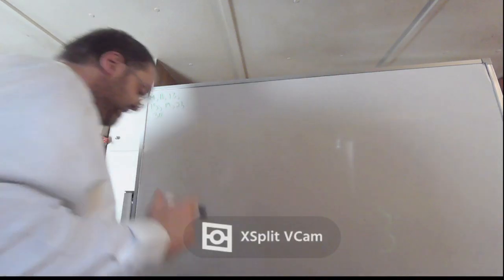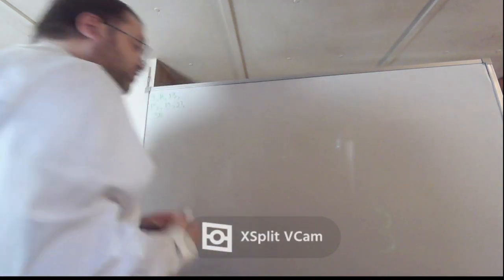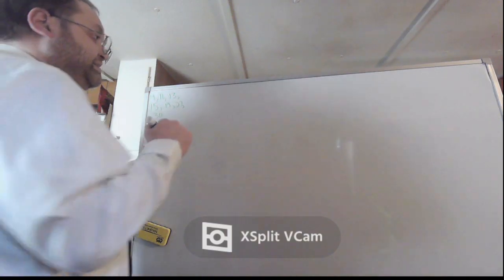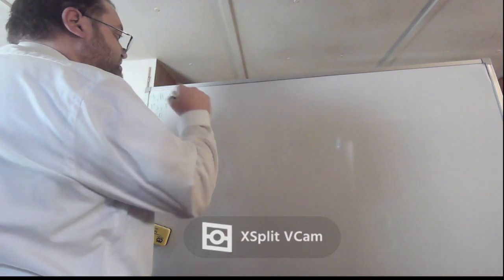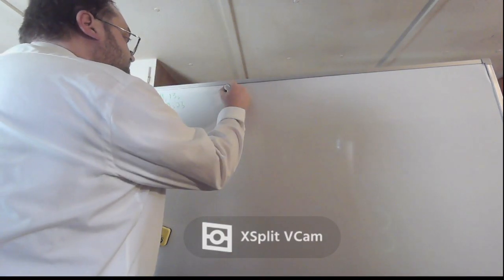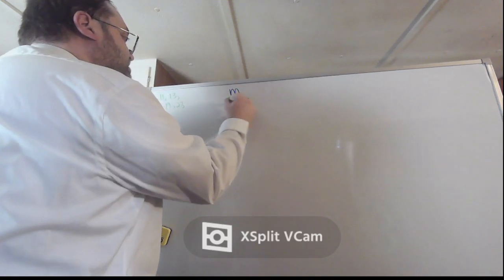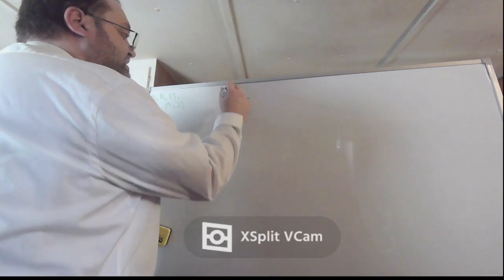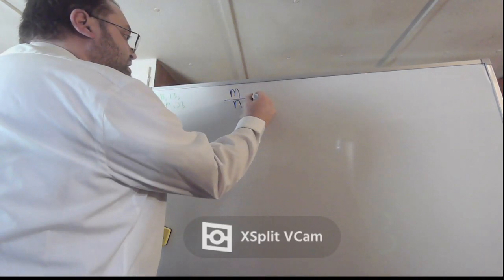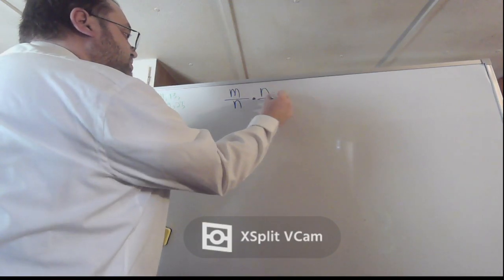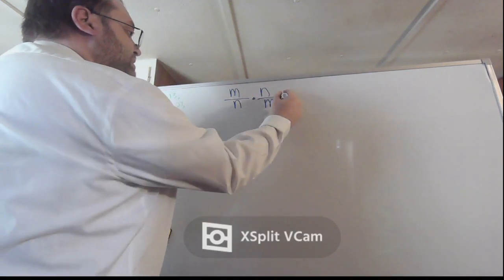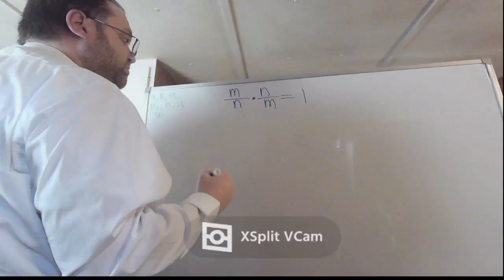Also, a quick formula that's going to make your life a lot easier when doing fractions. If you have a fraction, any arbitrary numbers, say m and n, and you multiply by the reciprocal, the result will always be 1.